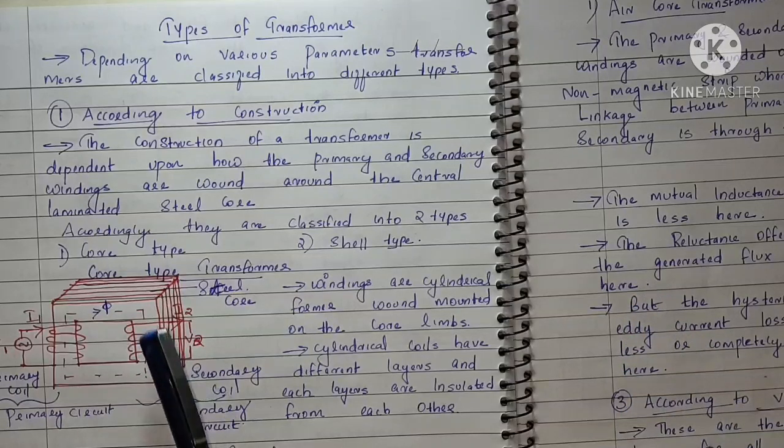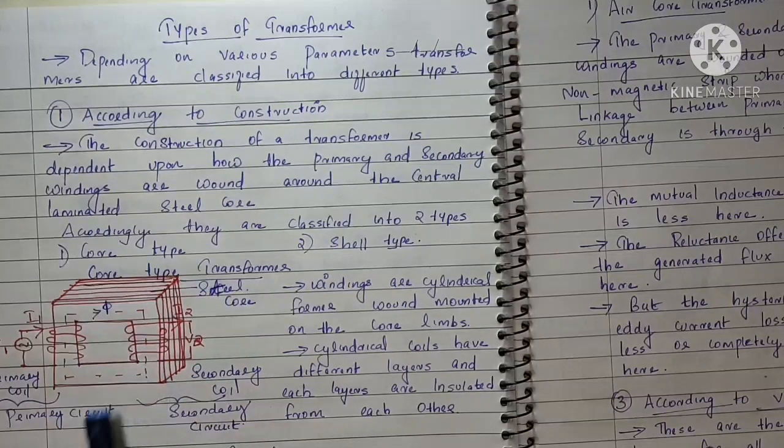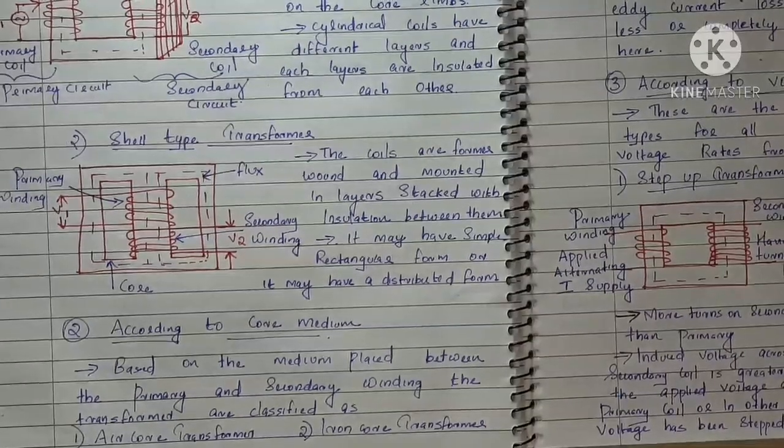First, we will discuss core type transformer. In core type transformers, the windings are in cylindrical form, mounted on the core limbs. Cylindrical coils have different layers and each layer is isolated from the others. The second type is shell type transformer.